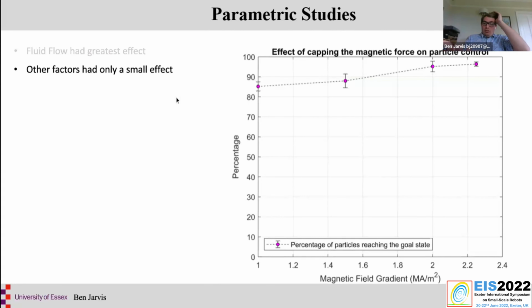Obviously, with a lower maximum field gradient, fewer particles were able to reach the goal over on this side, and with the maximum 2.25 simulated field gradient, more particles could get there. But as I was saying, this span of results isn't quite as big a range as I would have thought it could have been.